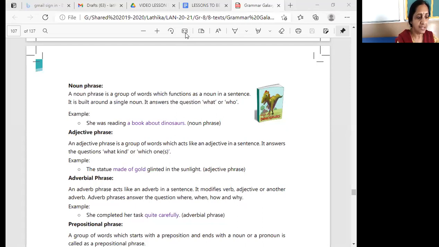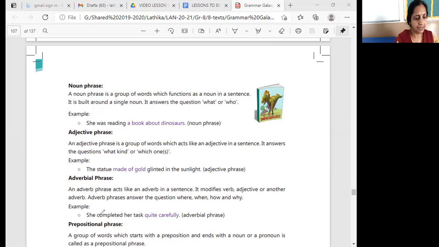The statue made of gold glinted in the sunlight. Now this is the example. You want to know what kind of statue it was. You're asking more about the noun. The answer is, it was made of gold. You're talking about the particular statue which was made of gold. So then you can identify that it is an adjective phrase.